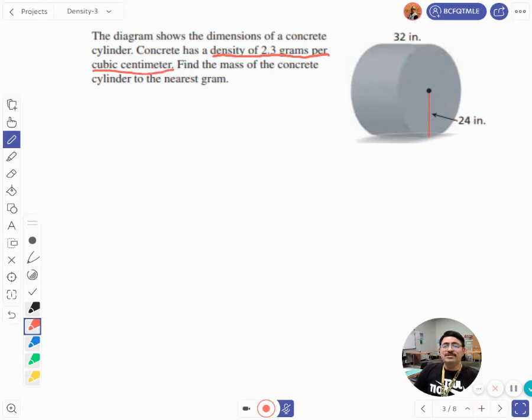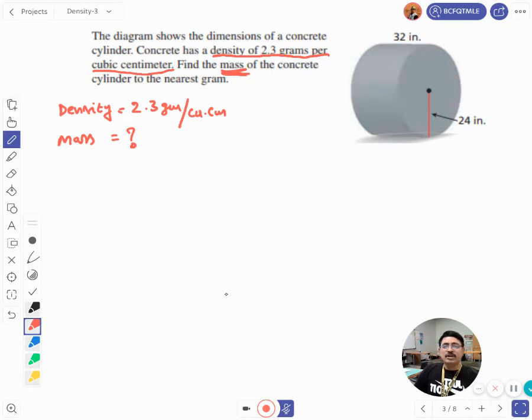Here, the density of concrete is given as 2.3 grams per cubic centimeter. Find the mass of the concrete cylinder to the nearest gram.